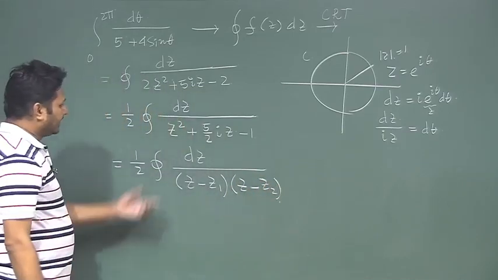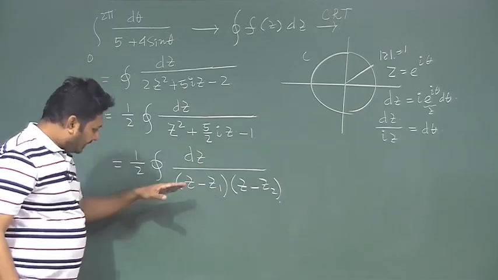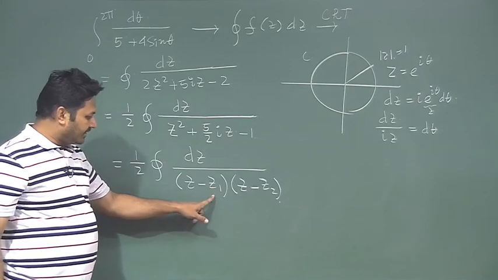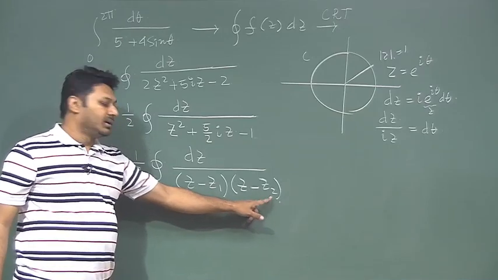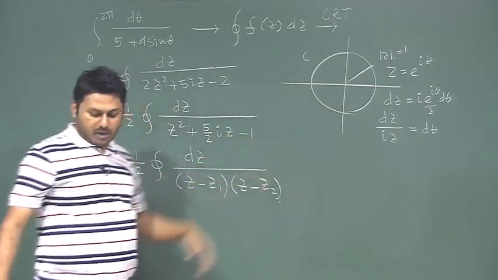I write this particular thing in this form, because then I know where my singularity is. So, obviously, my singularities are at the z1 point and the z2 point. Now, we need to check which of z1 and z2 is inside and which one is outside, that is all.